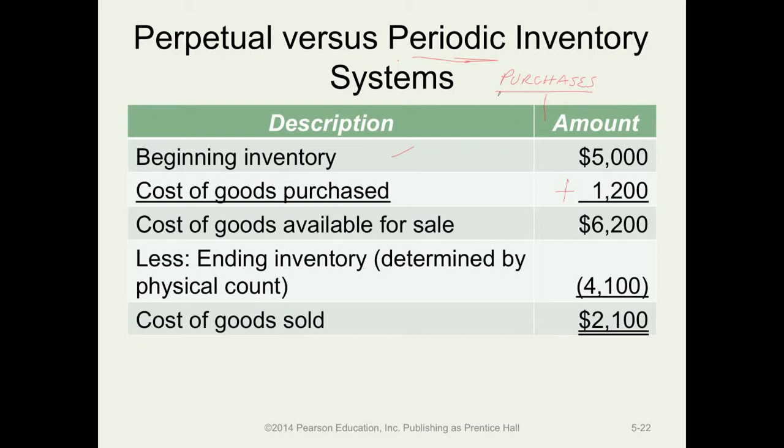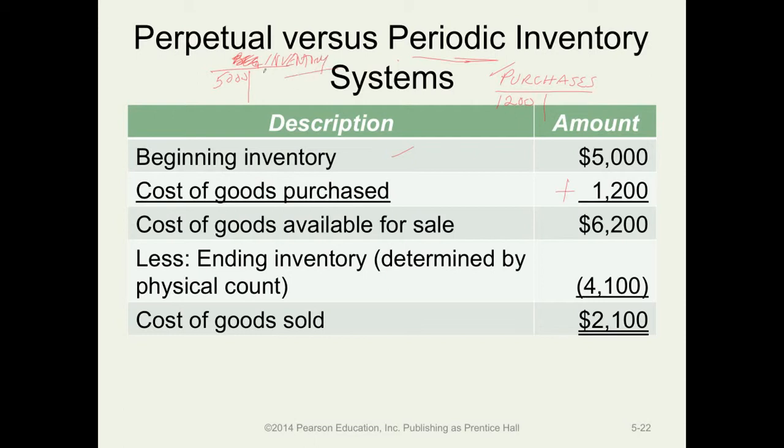When you buy the inventory, the purchases go into a separate account, and the beginning inventory, or the inventory account itself of $5,000, is not affected by the purchases. So they're separate accounts.